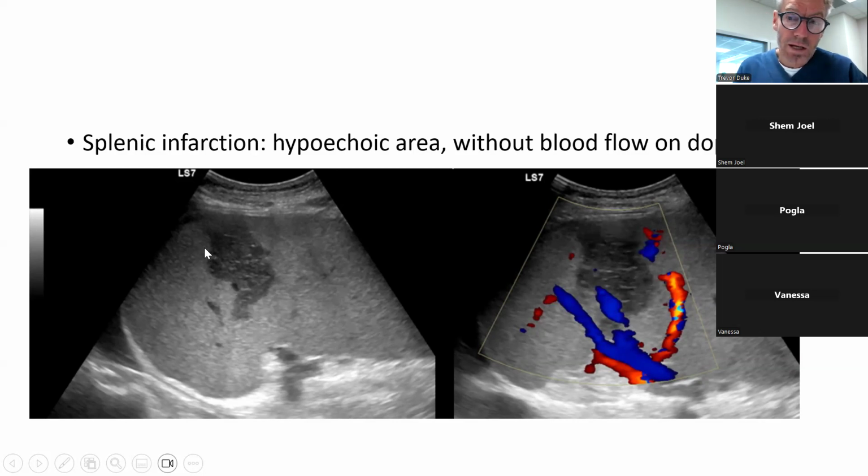This was from embolization of infected vegetation from the left side of the heart, from the left ventricle, and you can see there's a large area of infarction of the spleen. It doesn't mean that the spleen will die. It's only that one portion that will probably die, and hopefully the rest of it will be preserved.